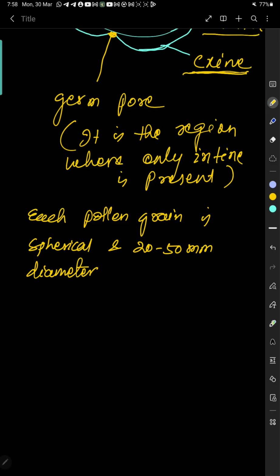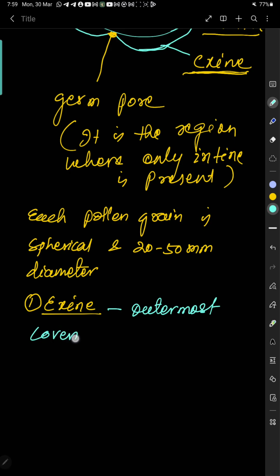That size is not that important. Now come to the various parts. It consists of exine. Exine is the outermost covering made up of sporopollenin. Remember, it is made up of sporopollenin.